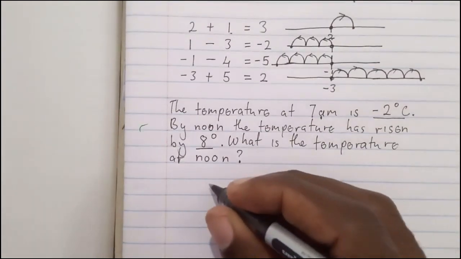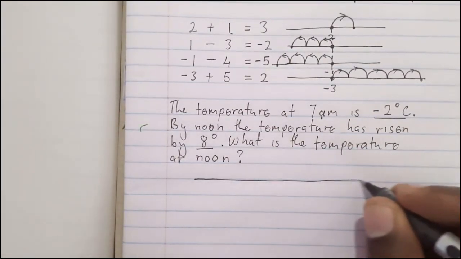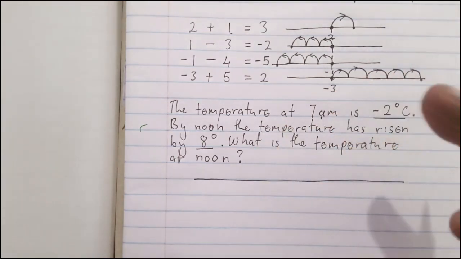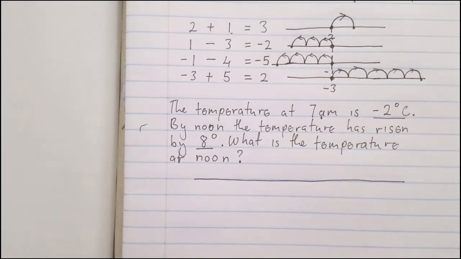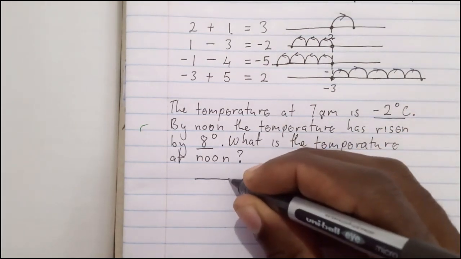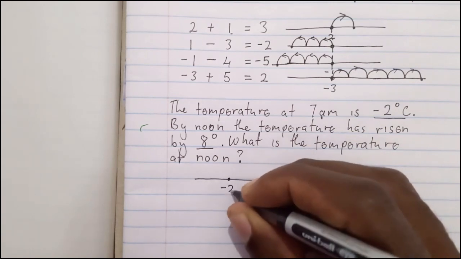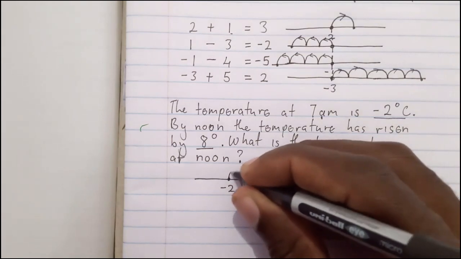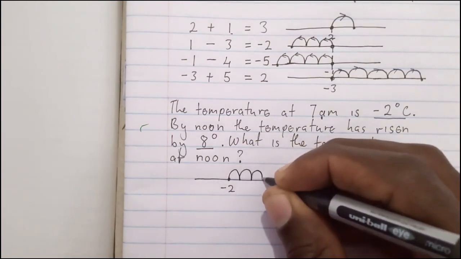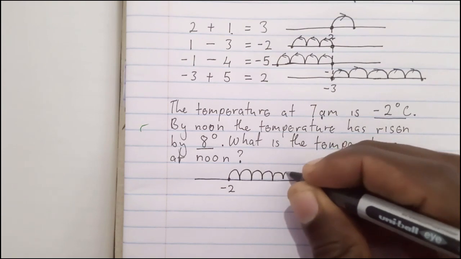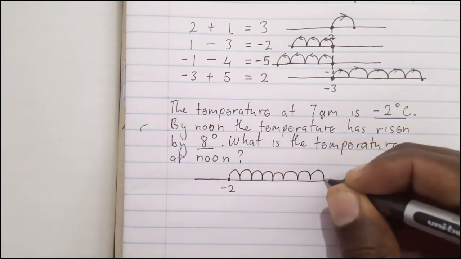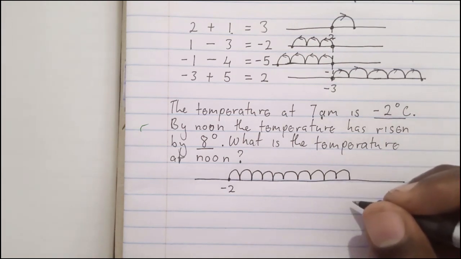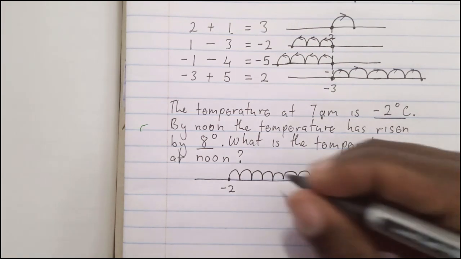So again, we're going to draw a number line here. Nice line. Then it has risen. Risen is going up, so it means we're going to the right. It's an addition. So we're going to start from here, -2. And then we're going to move 8 steps to the right. 1, 2, 3, 4, 5, 6, 7, 8. Oops, I went beyond.